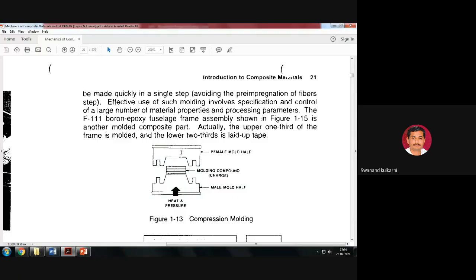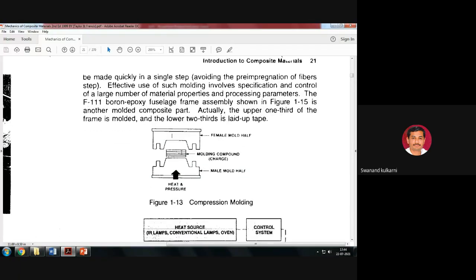Now, how does this compression molding work? Here it is the male mold half, and here it is the female mold half. The male mold half is at the bottom, and the female mold half is at the top. Now the molding compound, or charge, of the product we are going to manufacture is kept on this portion.